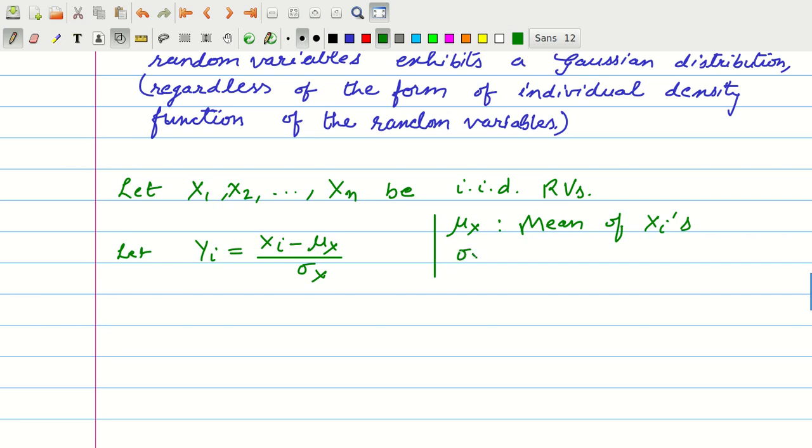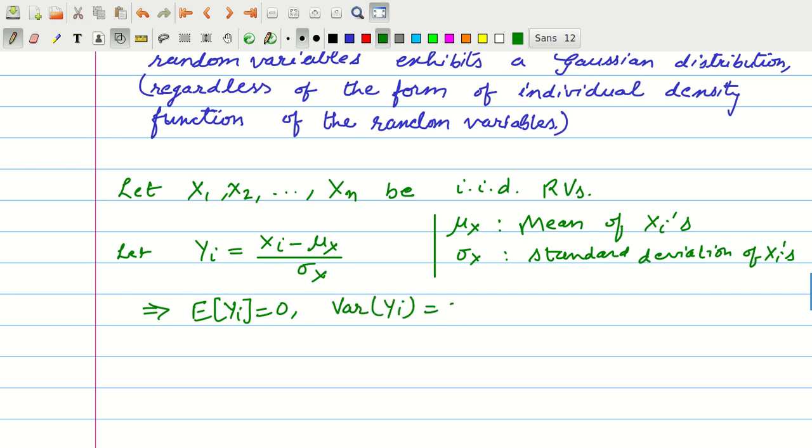And similarly, sigma_x denotes the standard deviation of all Xi's, because all the random variables are identically distributed, so their variance will be the same and therefore their standard deviation will be the same. Note that this substitution ensures that Yi has the expectation, the mean value, which is 0, and the variance of Yi is equal to 1.